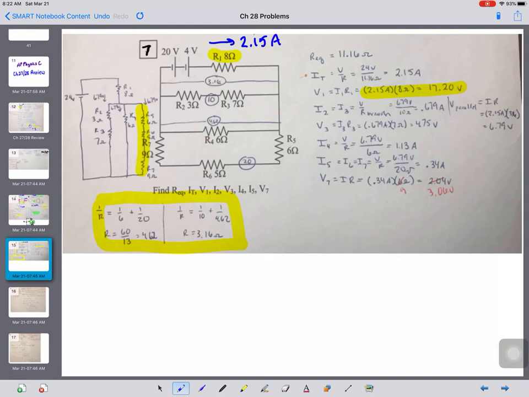So then on our parallel, I'm just debating the easiest way to be able to draw this. 6.8 volts across everything in that branch, 6.8 volts across everything in this branch, and 6.8 volts across everything in that branch.